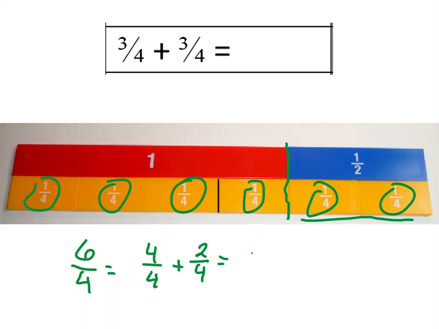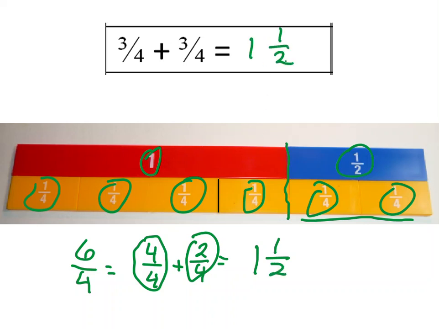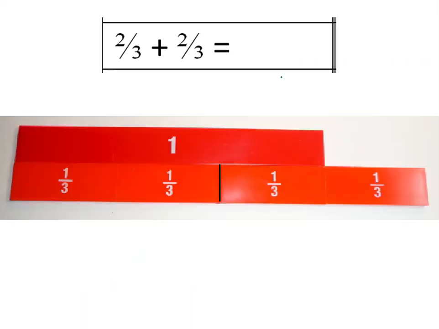And this equals a whole. That's 1 whole, right? There it is right there. That equals 1 whole and 2/4, but 2/4 really equals a half. So that's the same thing as 1 1/2. You get what I did there? 1 1/2.